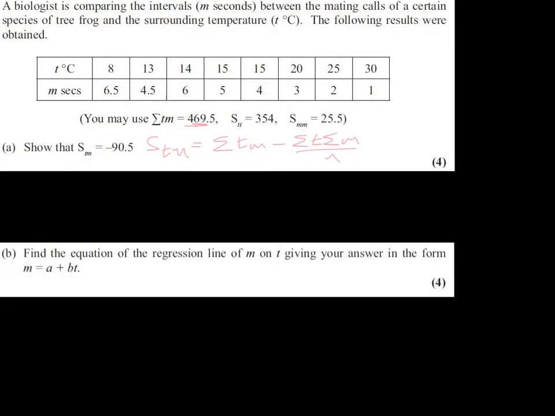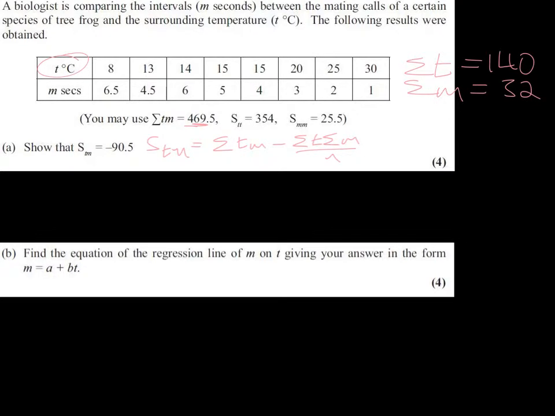So sigma T then is just the sum of all the values of T. So if we just add these up, we should be able to see that sigma T is going to give us a value of 140, and similarly sigma M is going to give us a value of 32.